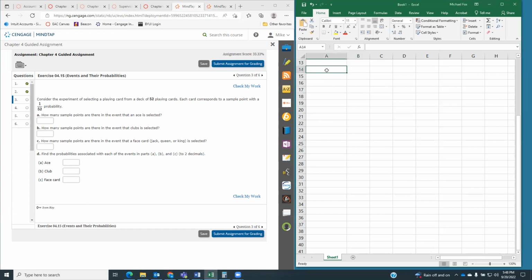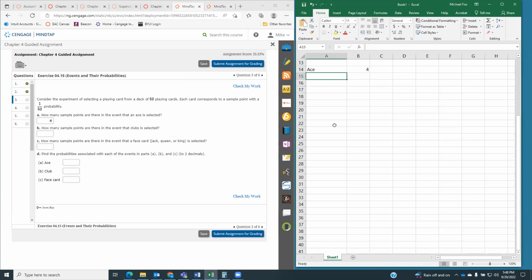So the first one is, what are our sample points in the event an ace is selected? Well, there's 4 aces in a deck of cards, so there would be 4 sample points, okay? The second one is, how many sample points are there in the event clubs are selected?